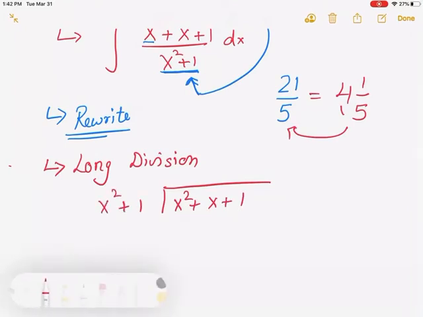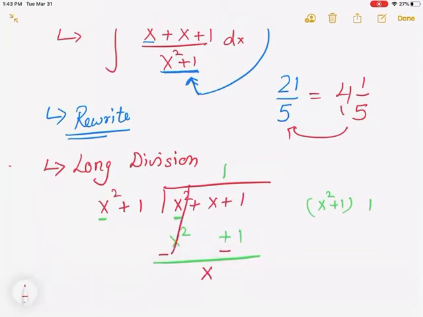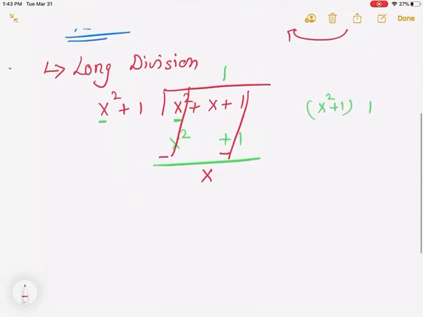In order to divide, we compare first terms. x squared times what makes x squared? It's 1. So I would multiply by x squared times 1, and plus 1 here. Then we subtract, so we switch signs. This becomes negative, these two cancel out, so I have x, and the 1's going to get canceled out too.